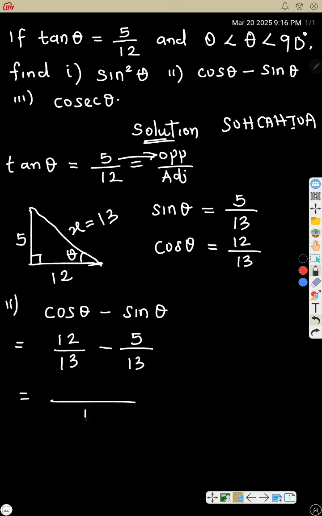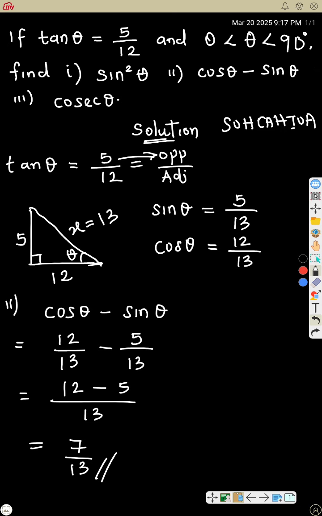So what is the LCM? LCM is 13. So 13 in 13, that is 1. 1 times 12, so that's 12. Minus 13 in 13 again, 1. 1 times 5, 5. So now 12 minus 5, that's 7 over 13. So that's the second one.